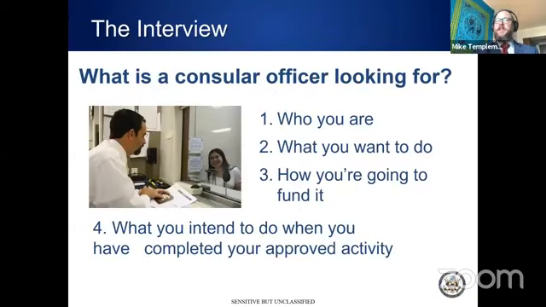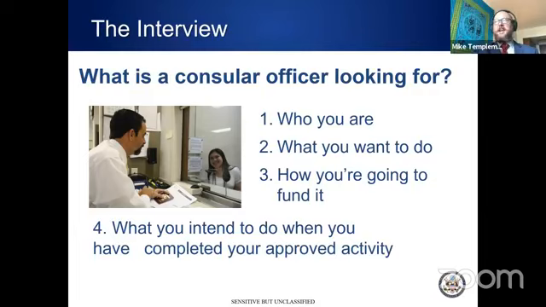Okay, at the interview, we can ask a variety of questions. So you'll get to the interview window, someone will make sure you have the required documents, they'll make sure that your basic fees have been paid, you will get your fingerprints taken, and then we're going to, as consular officers, ask a variety of questions.